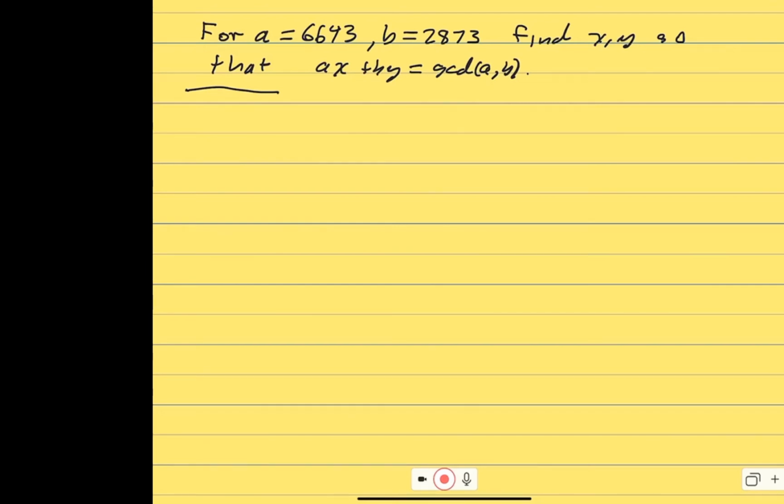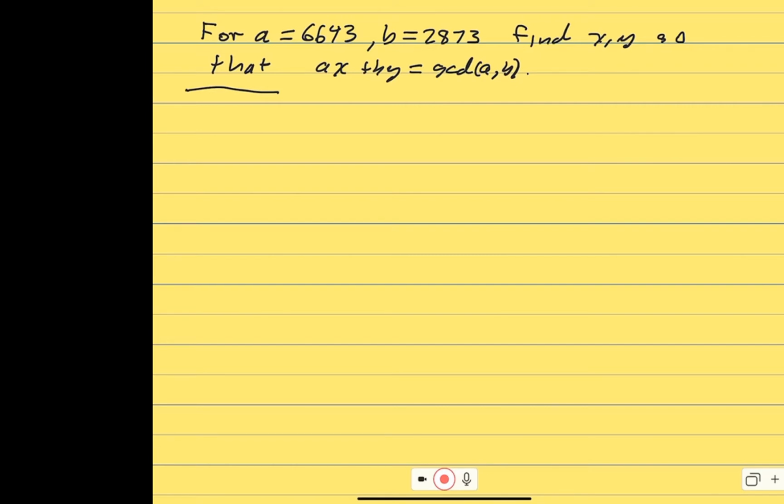Right, our problem is to take these two annoyingly large numbers, 6643 and 2873, find their GCD, and find x and y so that the GCD is a linear combination of the numbers.